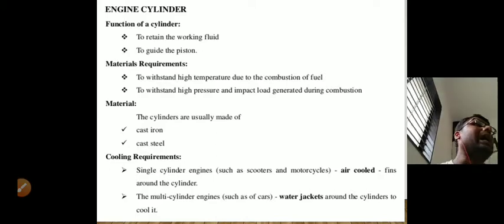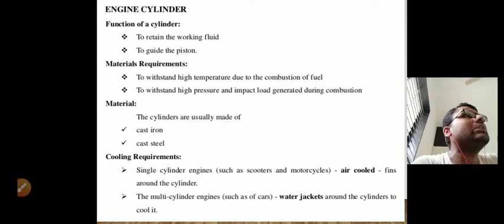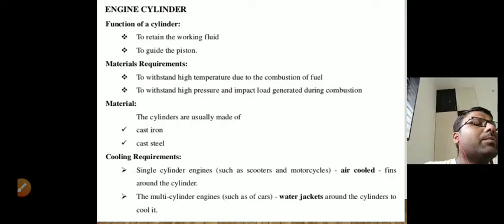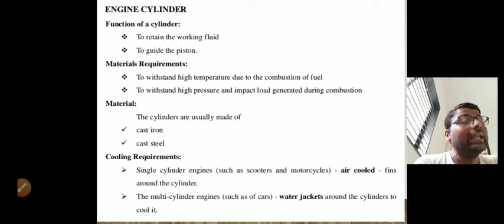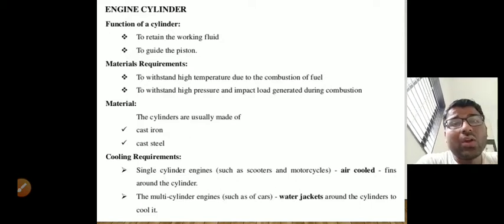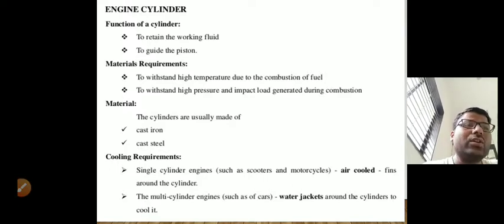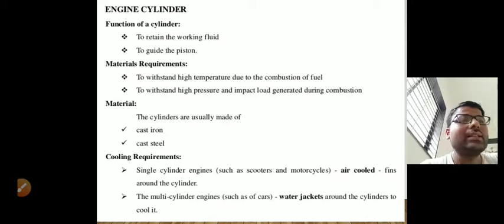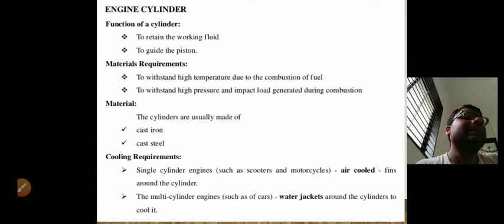Now, due to the high temperature generated inside the cylinder, we have to use a coolant. Why should we use the coolant? Because we need to control or maintain the temperature inside the cylinder, right? For a single cylinder engine, for example a scooter or motorcycle, the cooling is done by air, with fins around the cylinder, right?